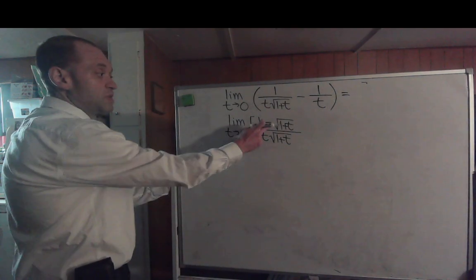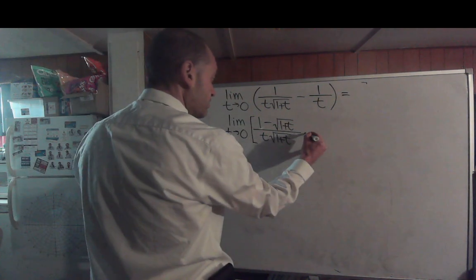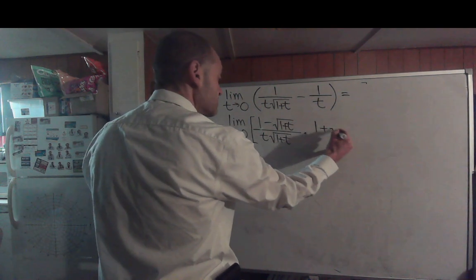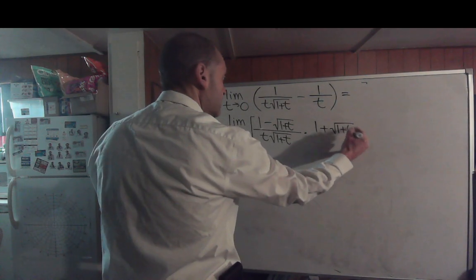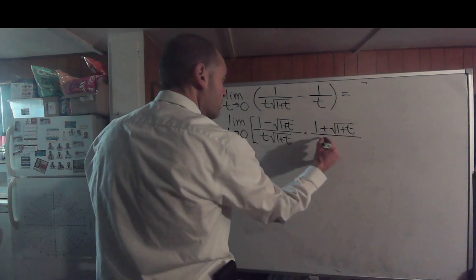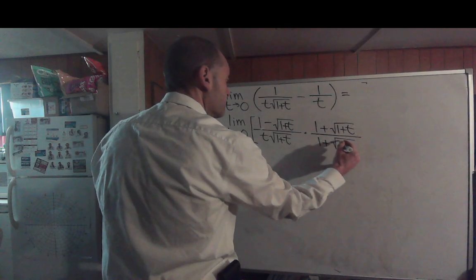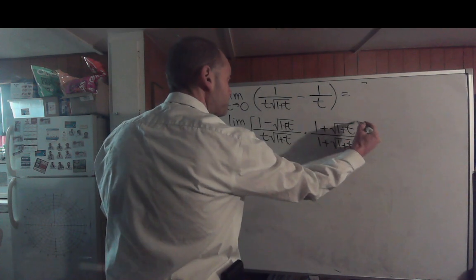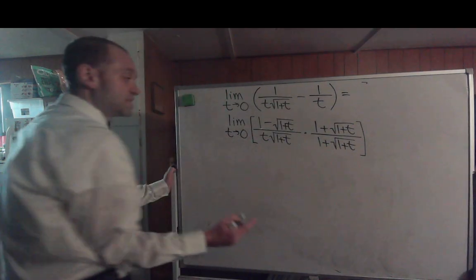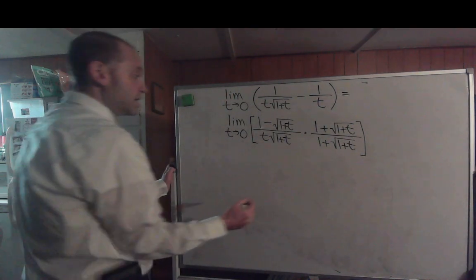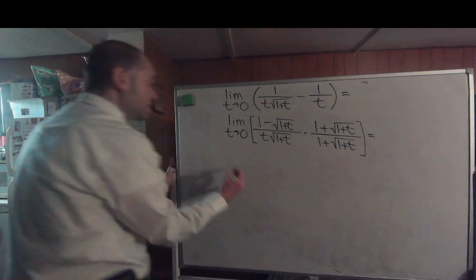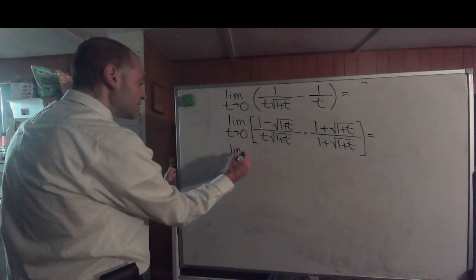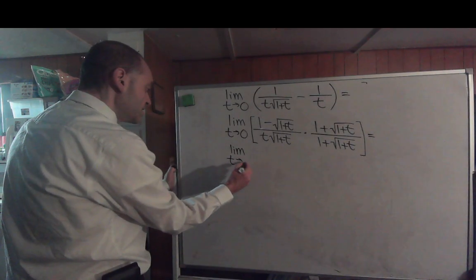So let's multiply by the conjugate of the numerator. That would end up being 1 plus the square root of 1 plus t all over 1 plus the square root of 1 plus t. Well, let's see what we get here. That's going to then equal the limit as t approaches 0.